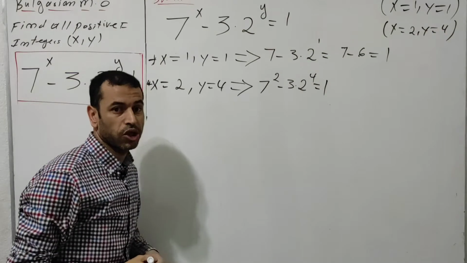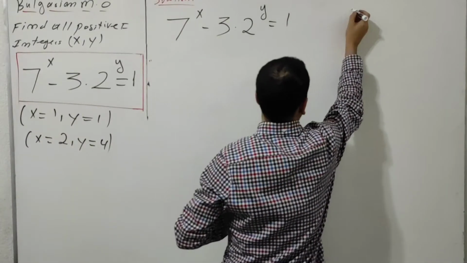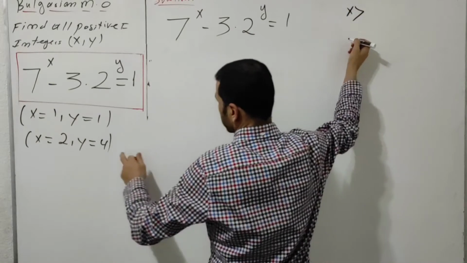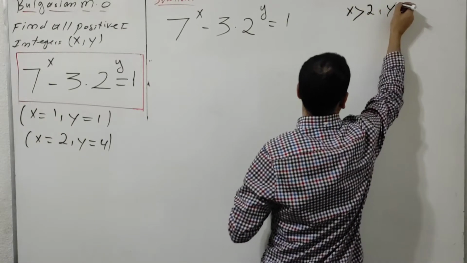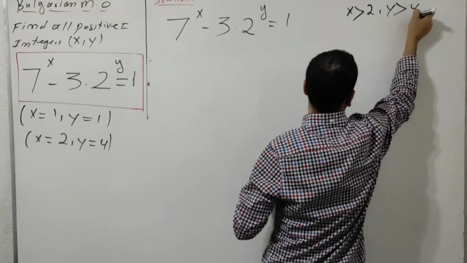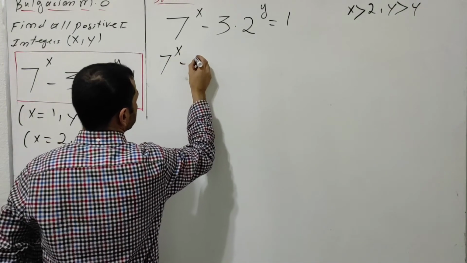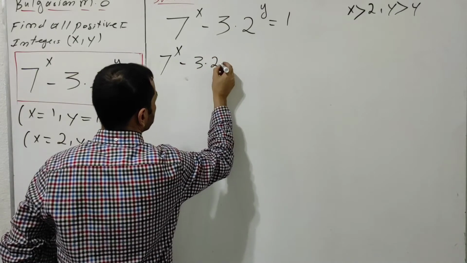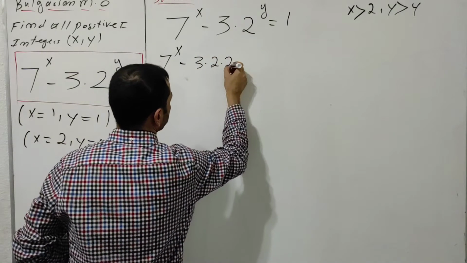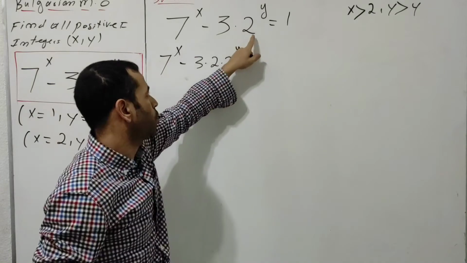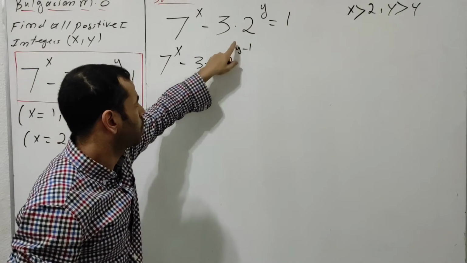Now we are going to see the general case when we have x strictly greater than 2 and y strictly greater than 4. Okay, we'll get 7 to the x minus 3 multiplied by 2 multiplied by 2 to the y minus 1. I'm pulling out one of the 2s and making it a factor.